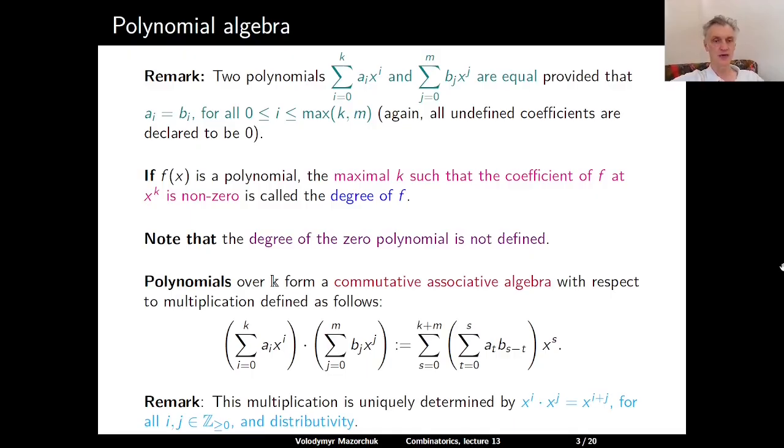The sum over i from 0 to k ai x to the power i times the sum over all j from 0 to m bj x to the power j equals the sum over all s from 0 to k plus m, and then x to the power s with the coefficient given by the sum over all t from 0 to s, at times b with the index s minus t.